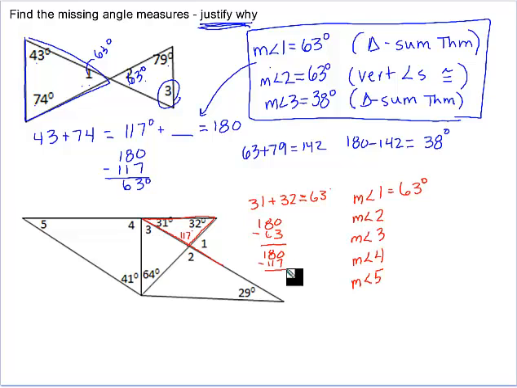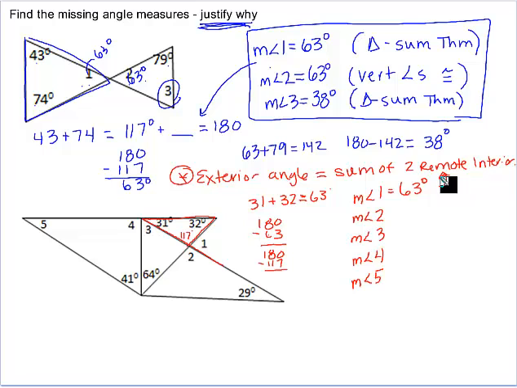So whenever we have an exterior angle, the exterior angle is equal to the sum of the two remote interior angles. So that's a quicker way to find the exterior angles. And so 63 degrees, and there's our justification why. Okay, so angle 1 is 63 degrees.